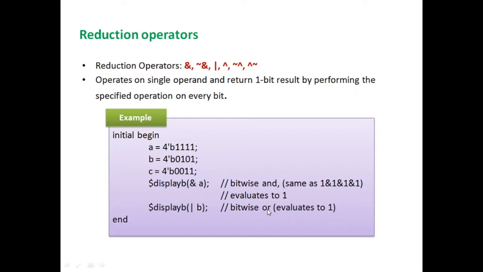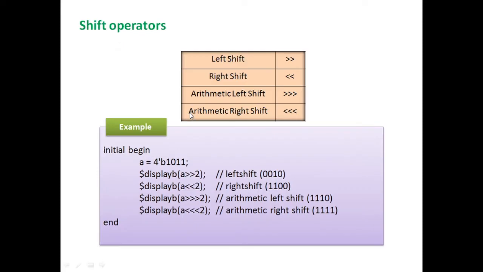We are performing here internally a bitwise OR among all the bits of your vector b, and among all the bits present in your operand a. You are performing a bitwise operation among the bits themselves. That is nothing but a reduction operator.